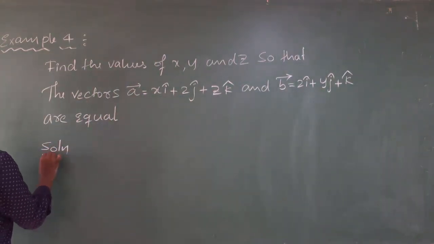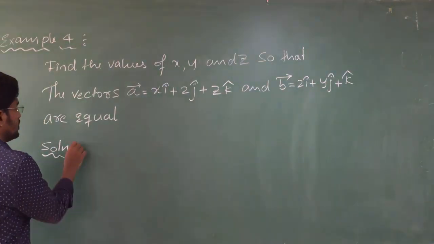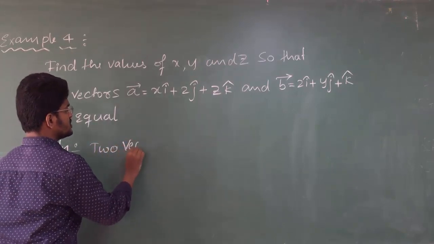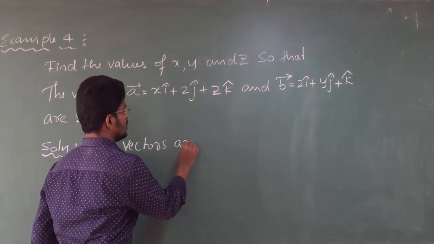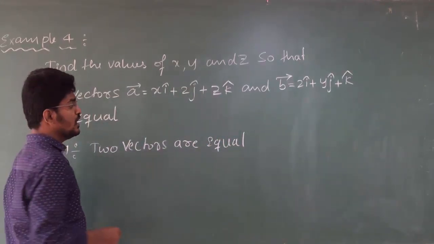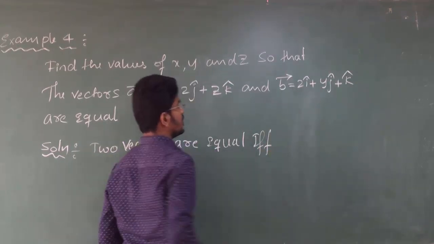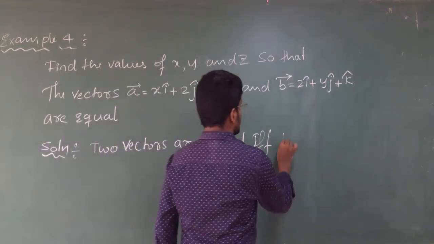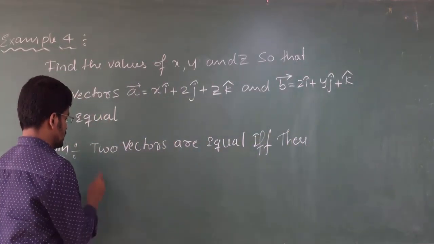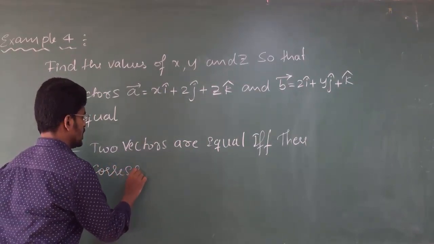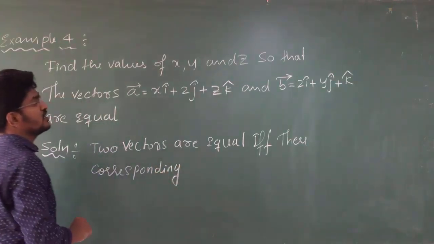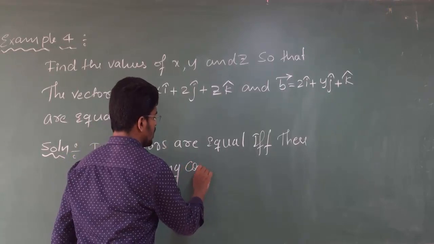Here we know that two vectors are equal if and only if their corresponding components are equal.